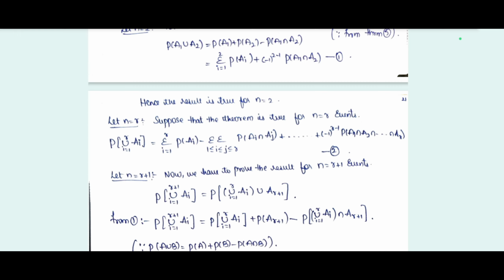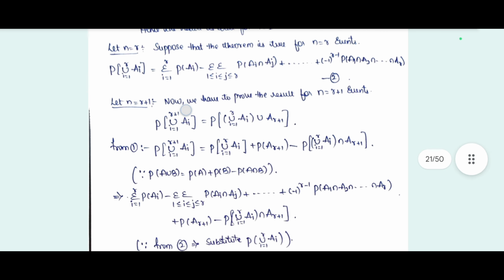So P of the union of Ai, i equals 1 to r, gives the values, summation i equals 1 to r of P of Ai and so on, and put this as equation 2. Now we have to show that it is also true for n equals r plus 1.